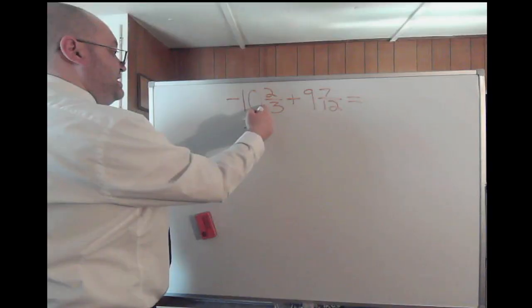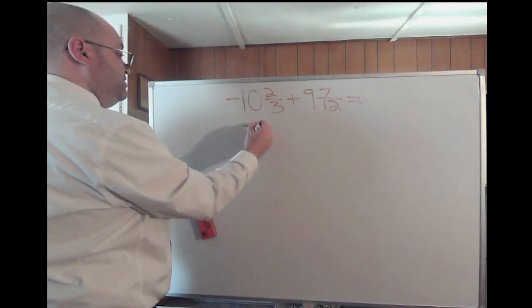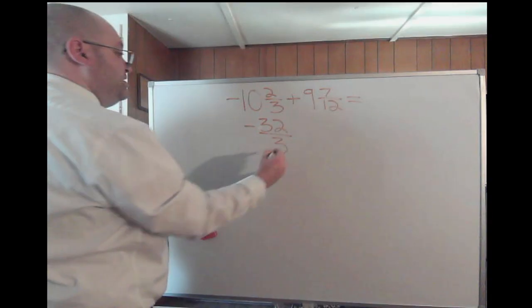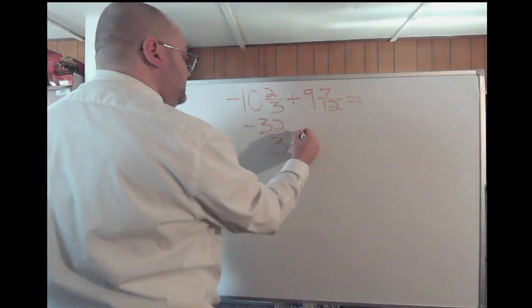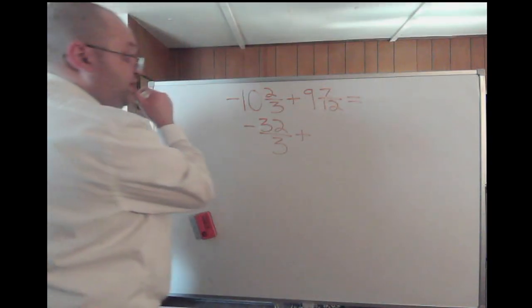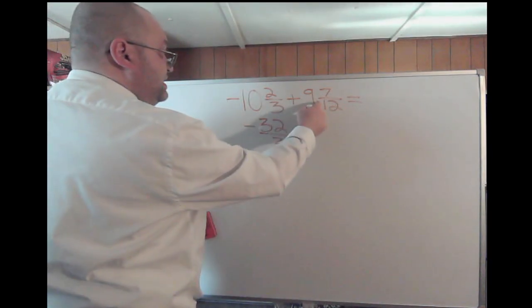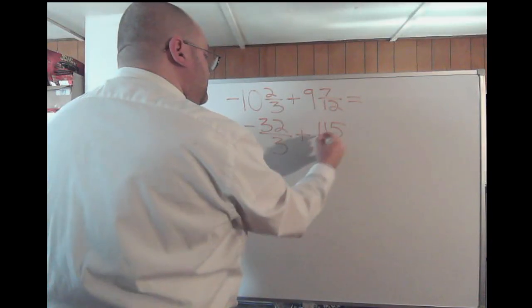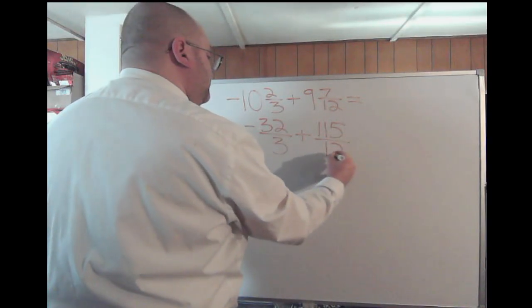So 3 times 10 is 30 plus 2 is 32. You'll have negative 32/3 plus, now we need to convert this 9 and 7/12 into an improper fraction. So 12 times 9 is 108 plus 7, that's 115. You have 115 over 12.